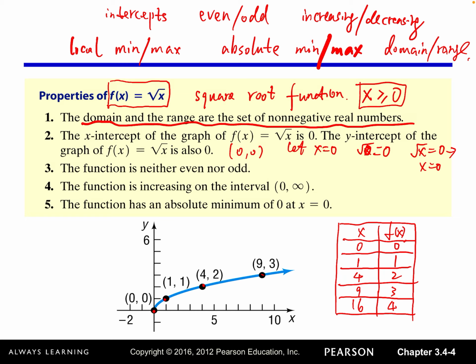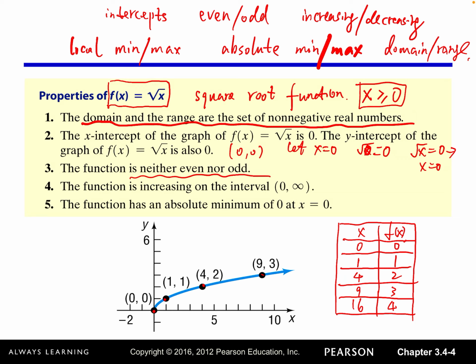And then from the graph, we can see this graph doesn't have a symmetry property. Not symmetric with respect to the x-axis, not symmetric with respect to the y-axis, not symmetric with respect to the origin. So no symmetry property. Since it's not symmetric with respect to the y-axis or the origin, the function must be neither even nor odd.